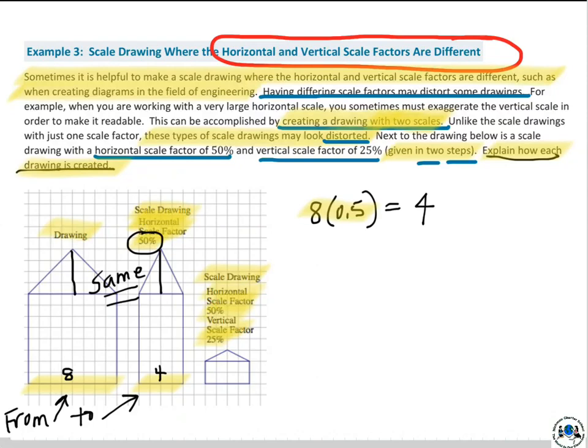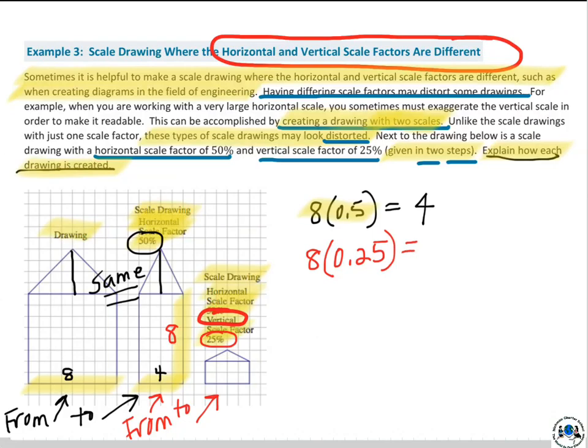Anyway, now from our middle scale drawing to the final scale drawing, we are going to apply a vertical scale factor, very important that this is a vertical scale factor, of 25%. How do we do that? I bet you guys know.